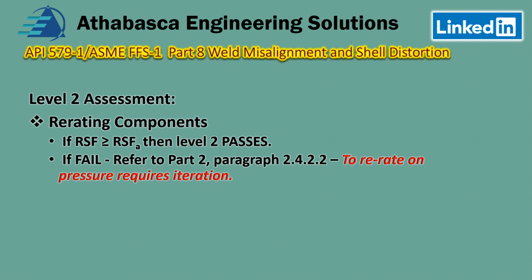If we fail, then we should go back to Part 2, where remaining strength factors, RSFs, are really discussed, and in particular paragraph 2.4.2.2, to re-rate on pressure. Note that this requires some iteration, so you have to guess because the equations are not conducive to solving directly.